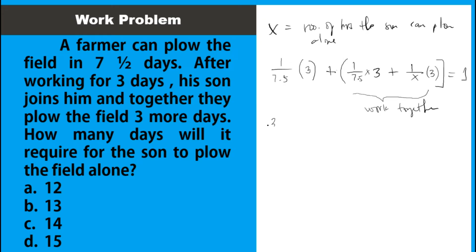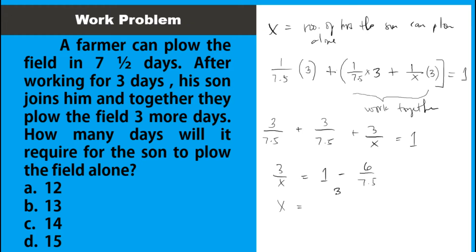So we have 3 over 7.5 plus 3 over 7.5 plus 3 over x equals 1. So 3 over x equals 1 minus 6 over 7.5, since 3 plus 3 is 6. Multiply both sides by x and divide by 1 minus 6 over 7.5.